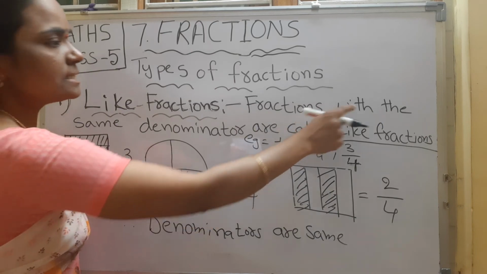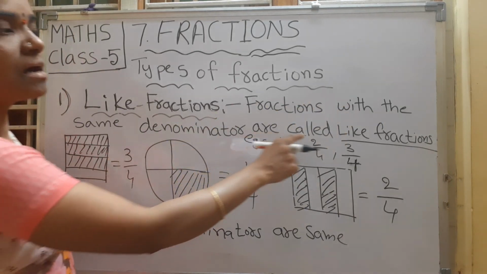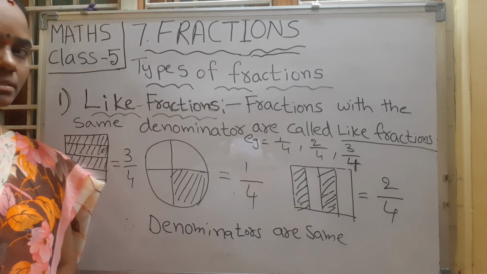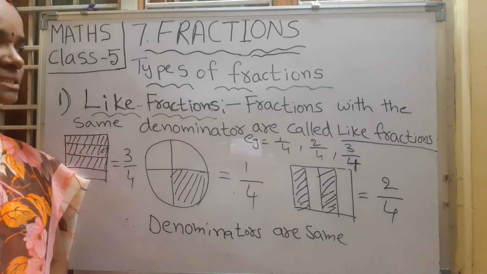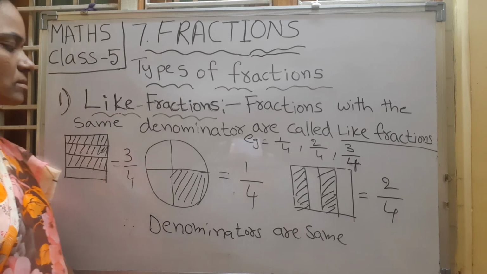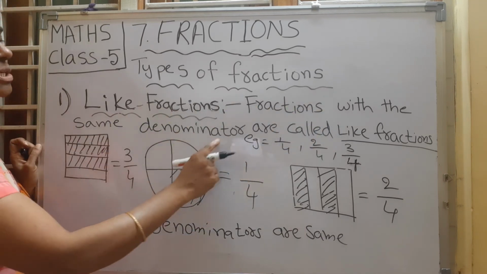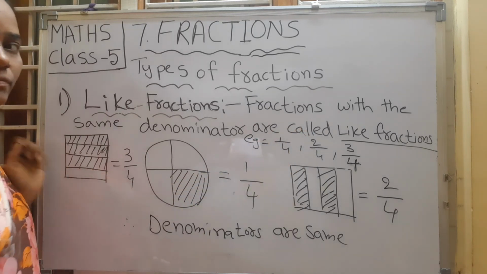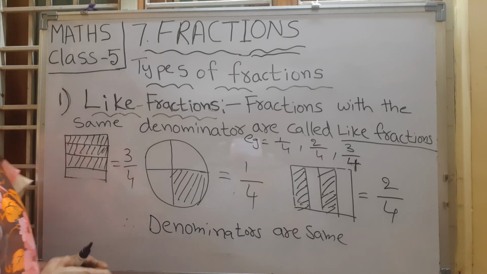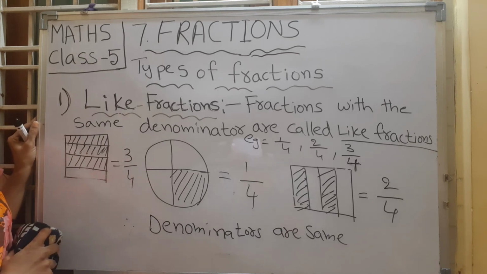So fractions with the same denominator are called like fractions. Note it down, children. What are like fractions? Everyone repeat after me. Fractions with the same denominator are called like fractions.